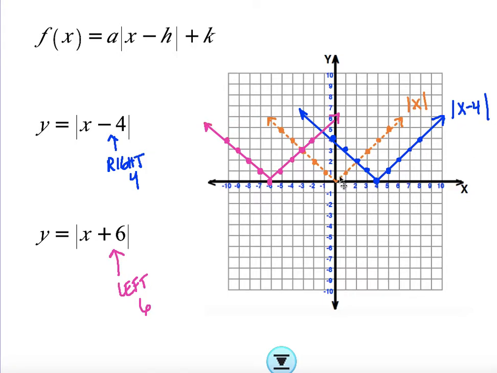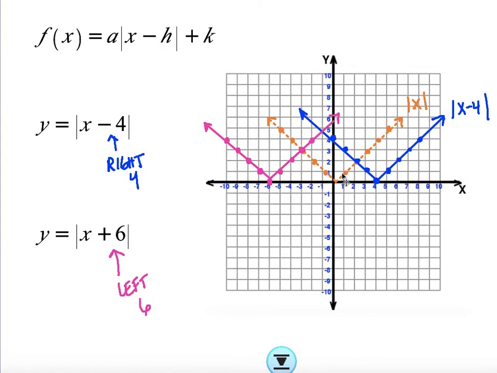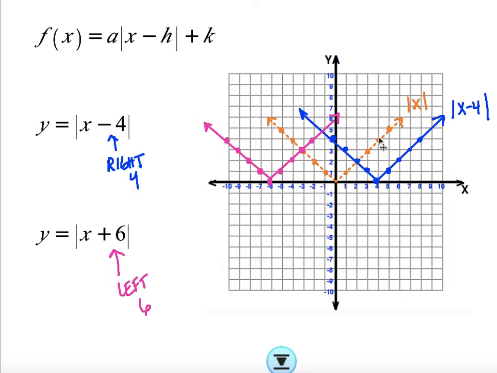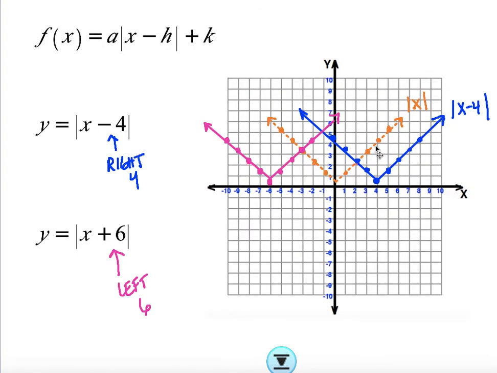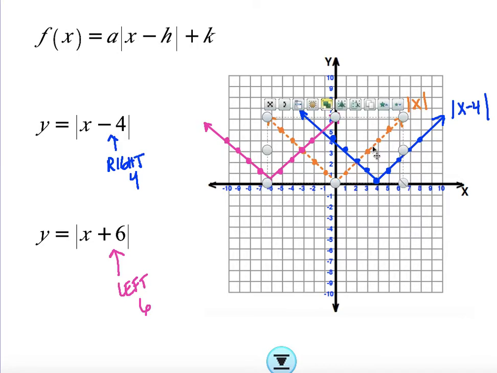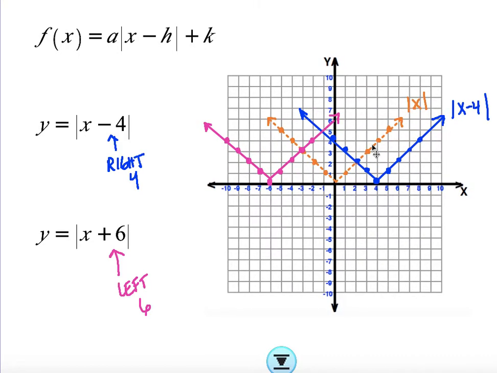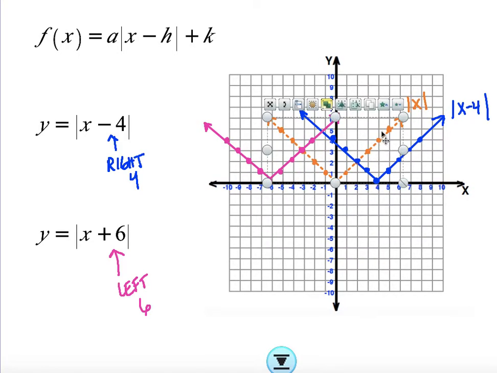Okay, so I just wanted to show you, hopefully, see if I can get this to work here. Oh, maybe not. I just want this orange one. Okay, so I got it now. So this orange parent function, if I shift it to the right 4, do you see how it lines up?